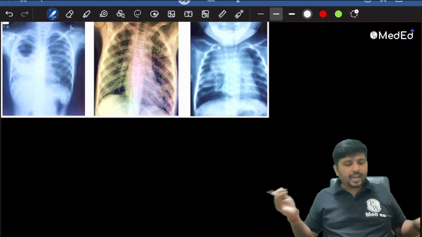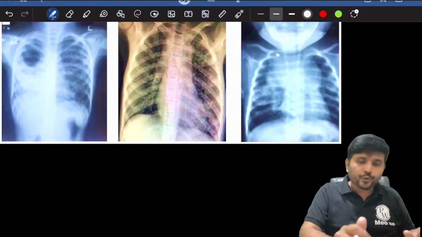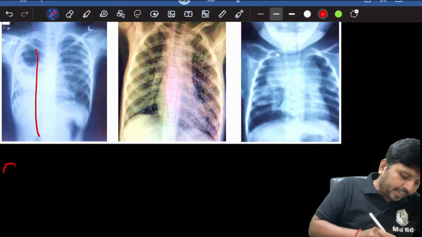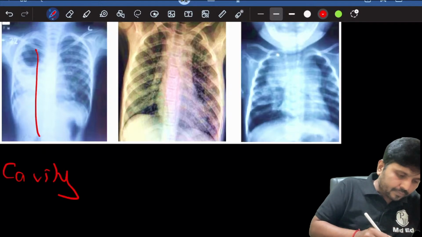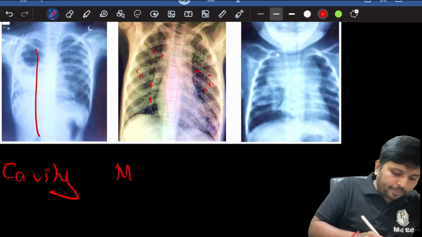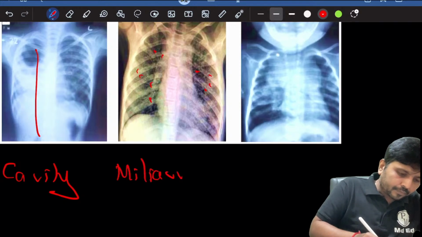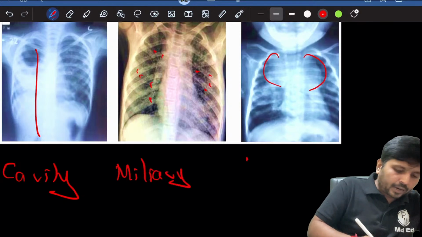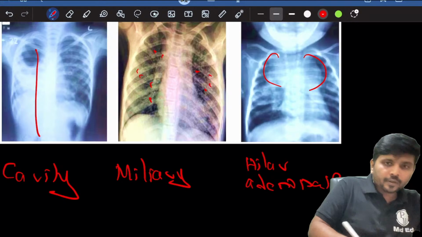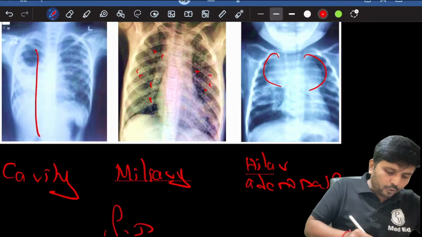What is this? As it was already explained to you. The first one is cavity. The second one, dot thing, miliary pattern. Third one, hilar adenopathy. All these are in favor of what? Tuberculosis.